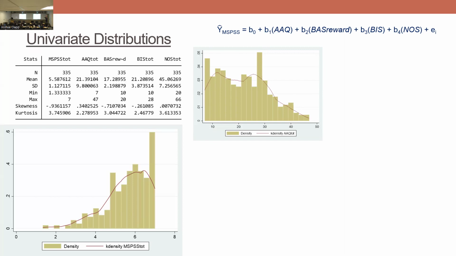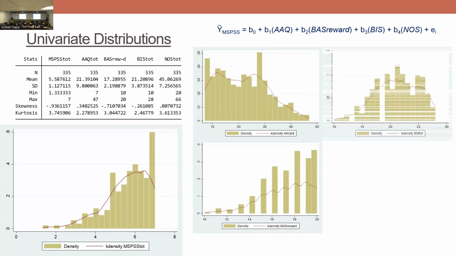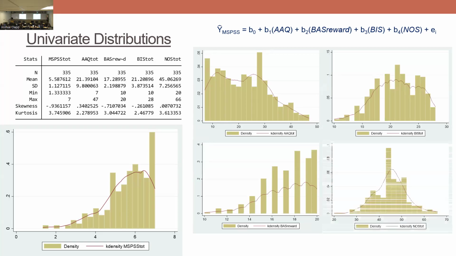Here, much less skew, a skew of 0.3, but we've still got a low end and things going down, right? Here is my reward sensitivity. Here's my behavioral inhibition. That's actually looking probably about the best one. Oh, that one's all right. And here's my willingness to utilize support.